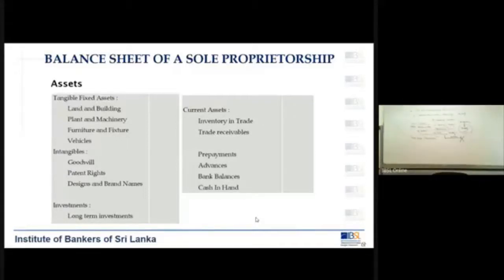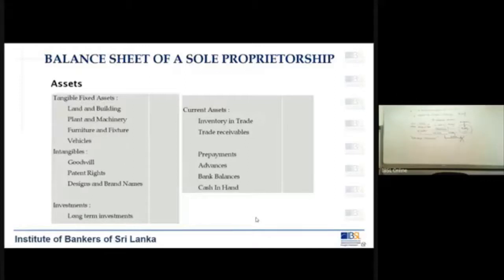Then you have investments, which are of a long-term nature. Then you will have the current assets, which we will learn in detail when we go to LKS 1.